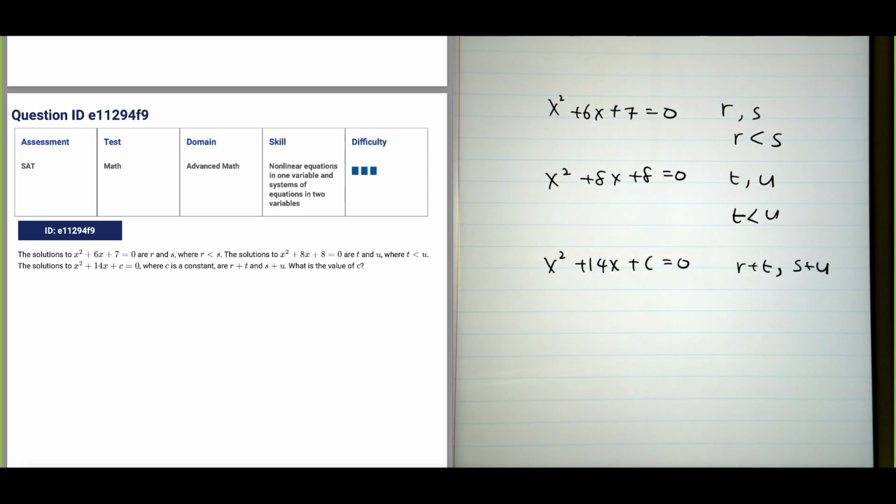So S and U. So what's the value of C here? Definitely this is a harder question than other questions labeled difficult.